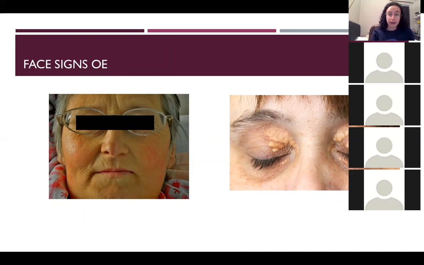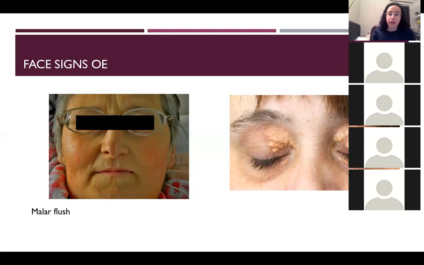It is flushing, yeah. It's a malar flush. Well done. Do you know what it can be a sign of? It's quite subtle, just redness of the cheeks.